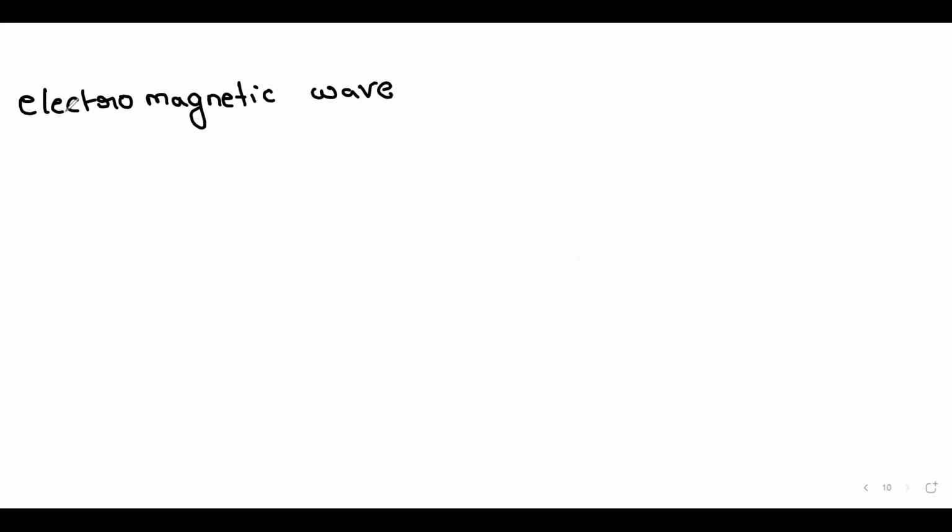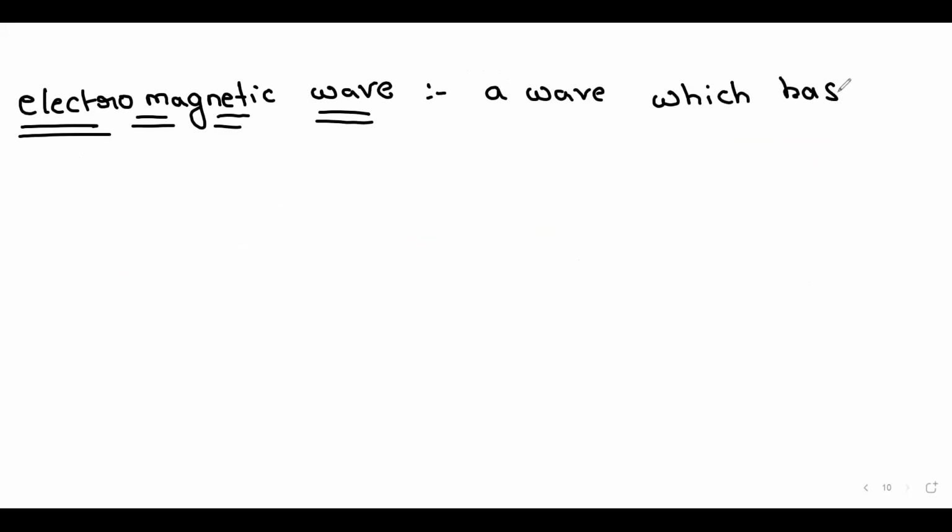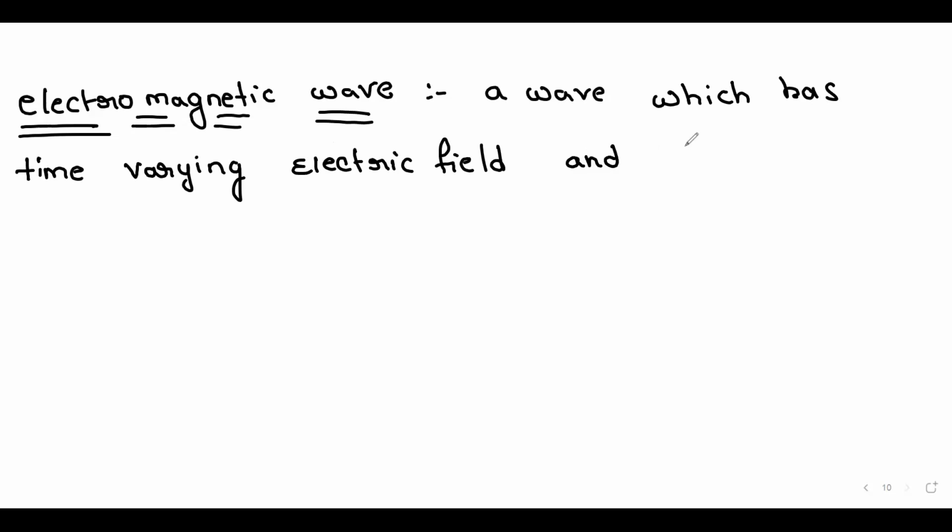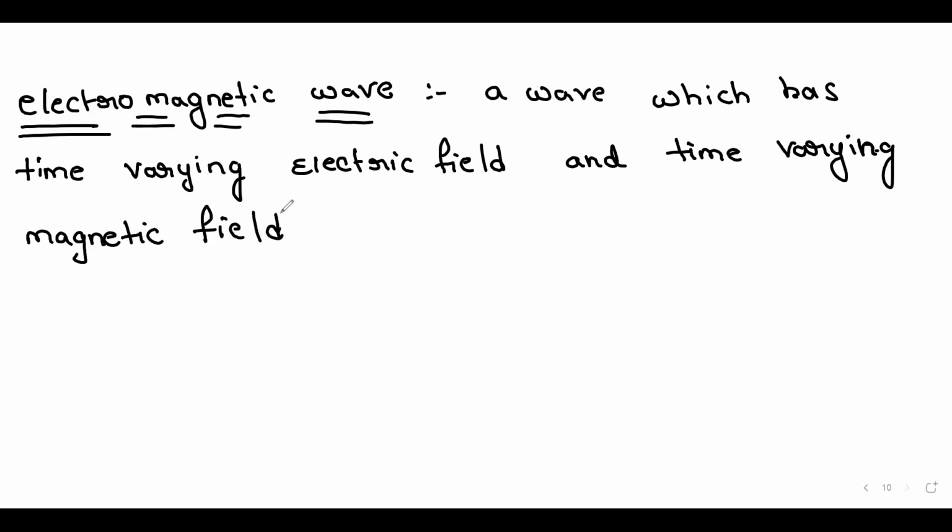Electromagnetic wave. A wave which has a time varying electric field and magnetic field is called an electromagnetic wave.